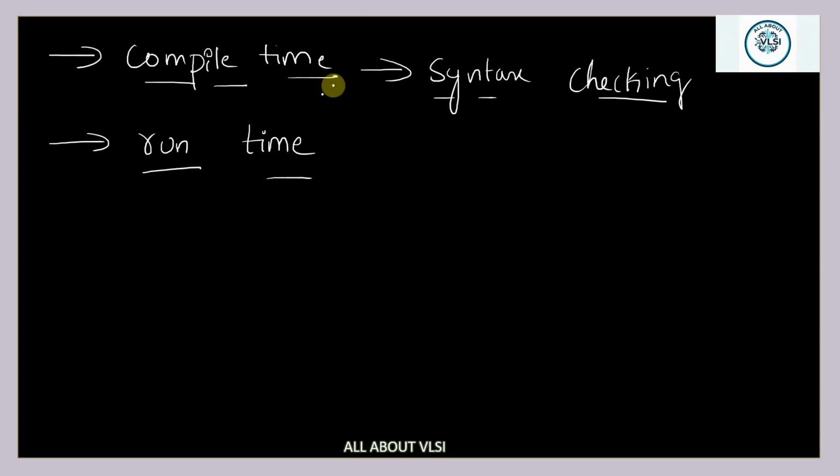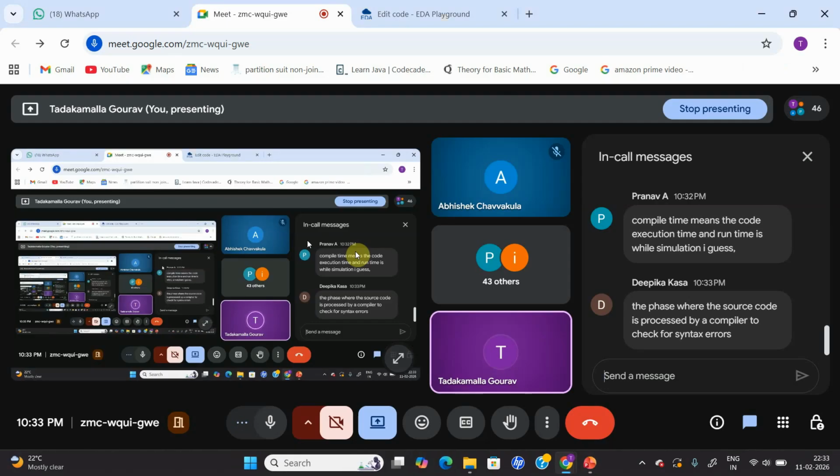And coming to runtime or run phase, this is where your code actually executes. Whatever logic you have written will be executed at runtime. Exactly, the phase where the source code is processed by a compiler to check the syntax errors.